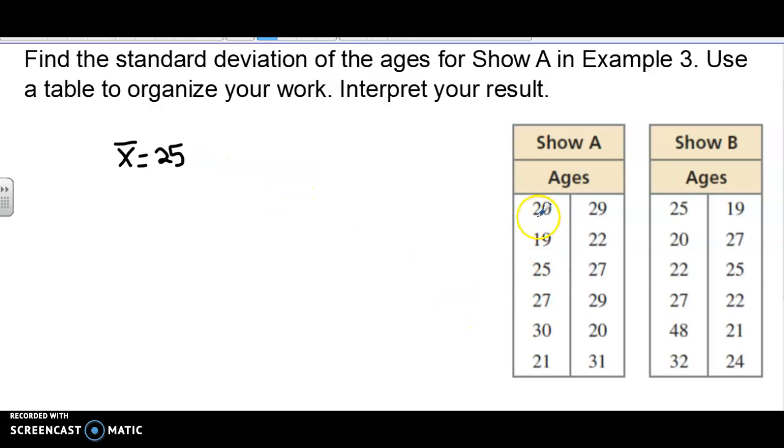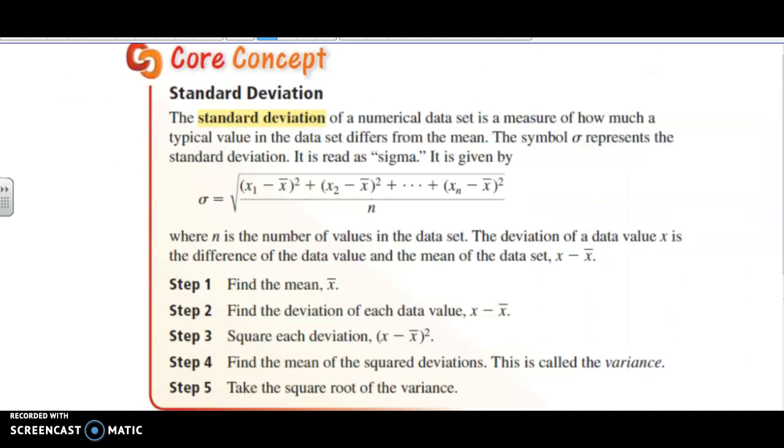Now we're going to find the difference between each of these values and 25. Looking back at the directions, you take the point, subtract the average, and then square it.